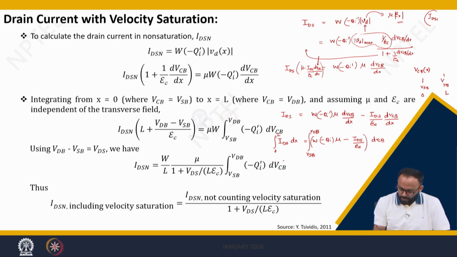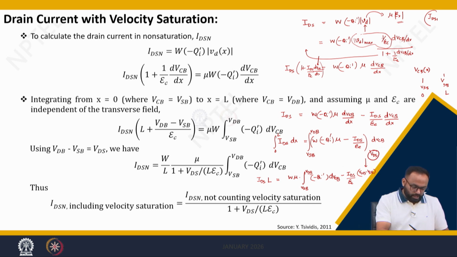When you integrate this, you will get on the left hand side IDS into L, right, considering IDS is constant throughout the channel, and on the right hand side you will get W into mu into integration from VSB to VDB of minus of Qi dash, dVCB, minus, again considering IDS and Ec are constant, this will give you VDB minus VSB, and we know that VDB minus VSB can be replaced as VDS.